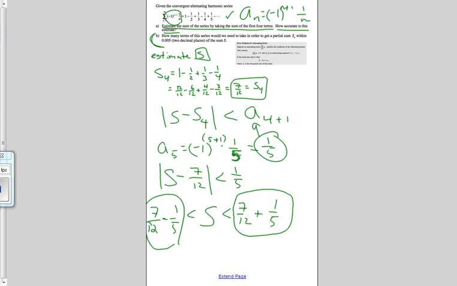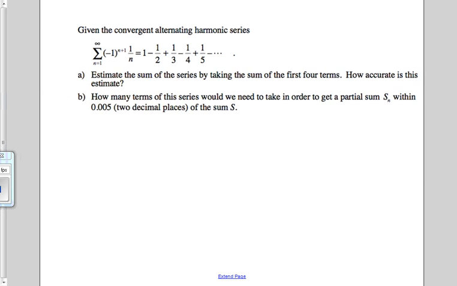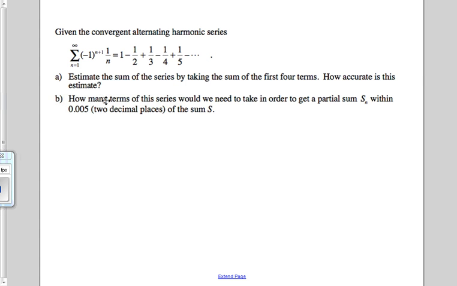Okay, and then the next question says how many terms of this series, and maybe I'll put this on another page so that it's a little bit more clear. It says how many terms of this series would we need to take in order to get a partial sum s sub n within 0.005, two decimal places, of the sum s. So in other words, find n.